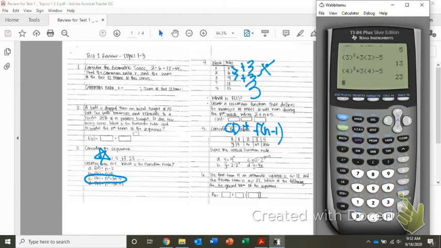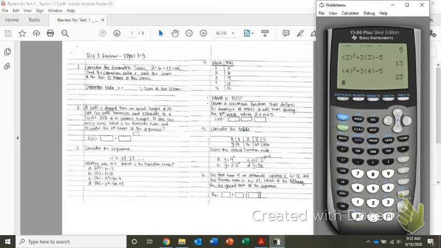So I'm going to write it down here at the bottom. F of n equals 3 plus f of n minus 1. Okay?